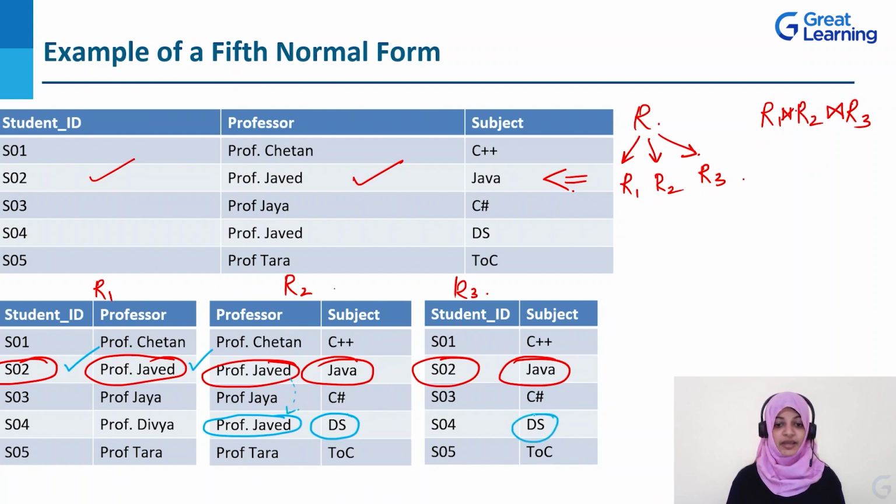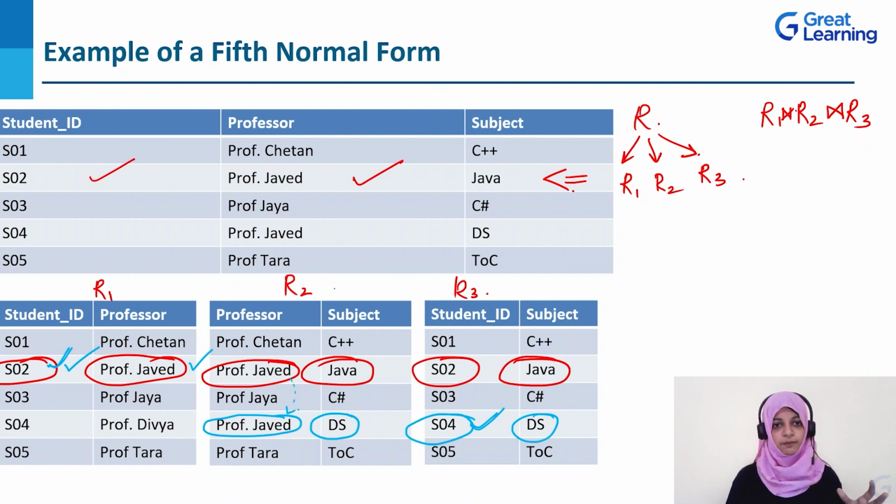And DS is being taken up by student 4. Can you see the anomaly that just popped up here? We've got student S2 who has started it, and then we end up with student S4. This does not make sense, does it? Because where did student S2 go? There is no record actually defining all of this.